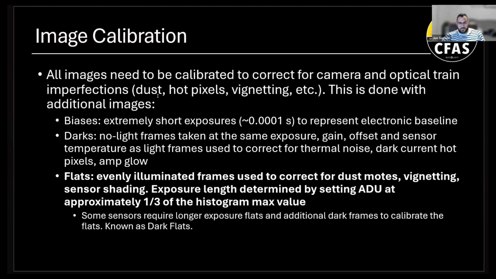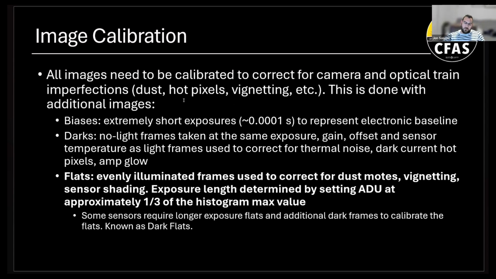your pictures, right? So all images you'll need to calibrate to correct for camera imperfections or imperfections in your optical train, right? If things are slightly skewed, if you have dust somewhere on the lens or the sensor, you have hot pixels, right?